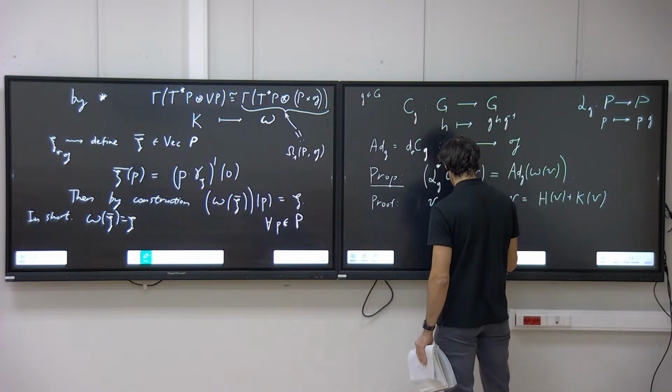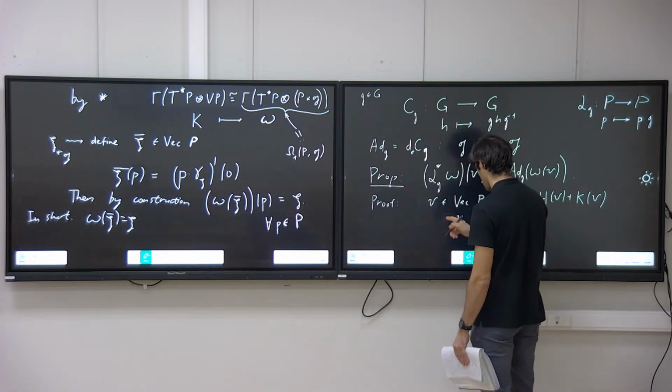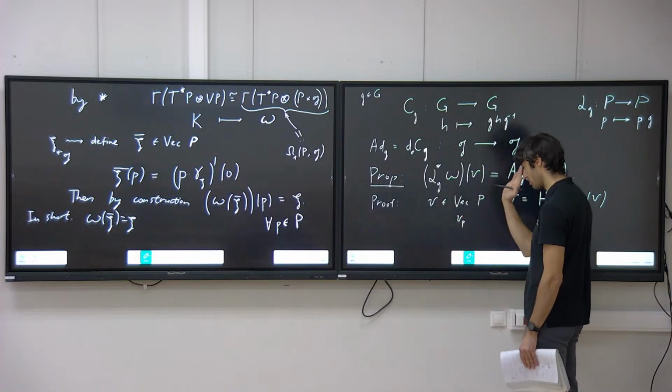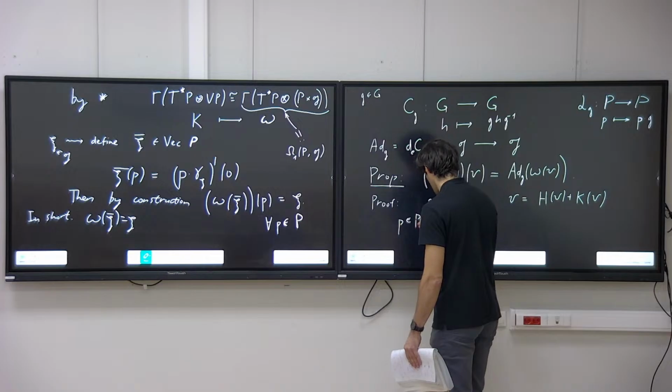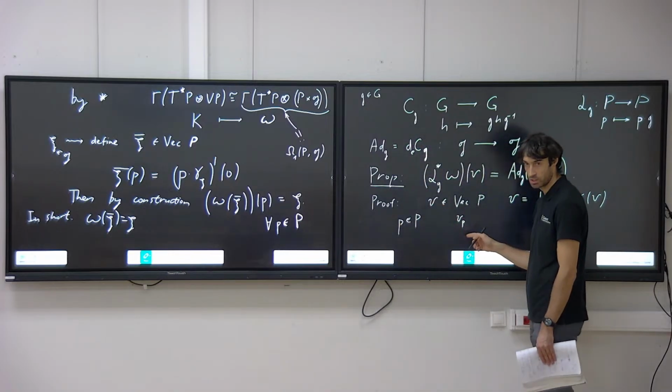Let me say I have V_P, which means I'm fixing some arbitrary point in P, and this becomes the value of this vector field at this point.